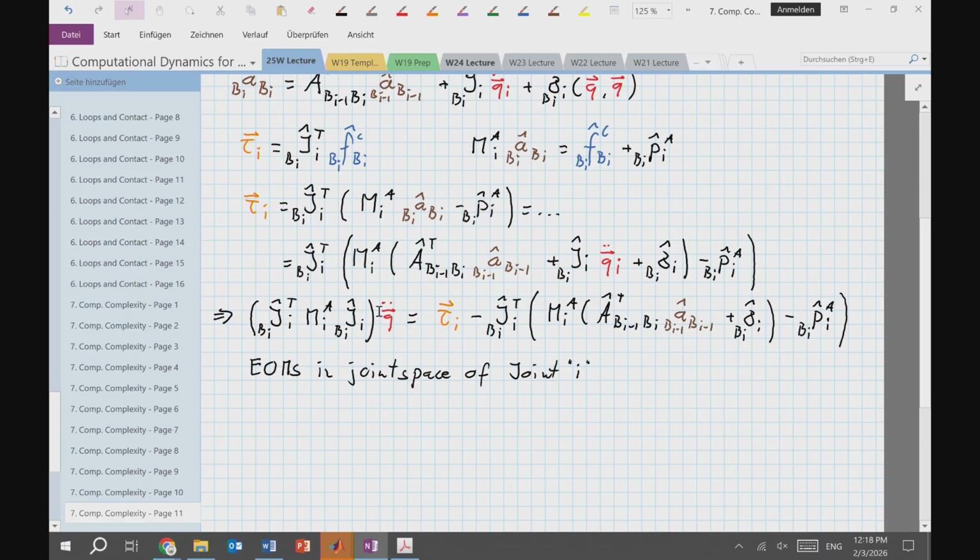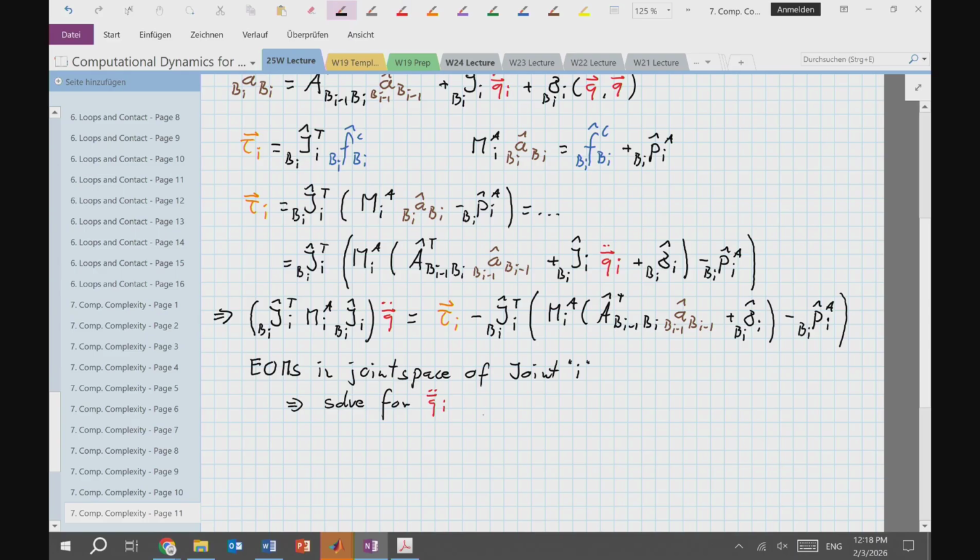And that projection can then be solved for accelerations in constant time because it requires the inversion of a 6 by 6 matrix. So I can solve this for q double dot i.